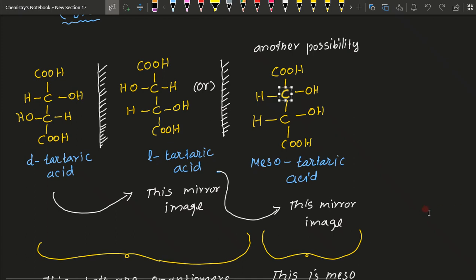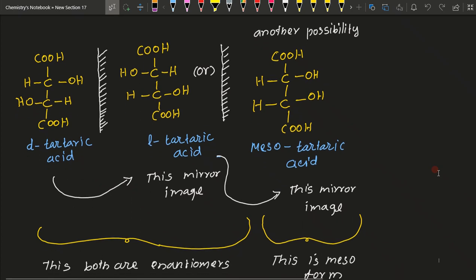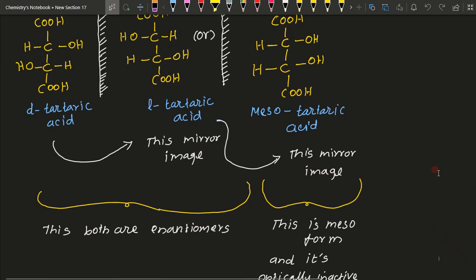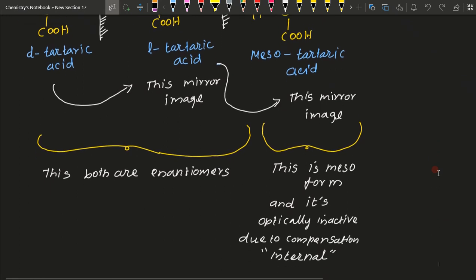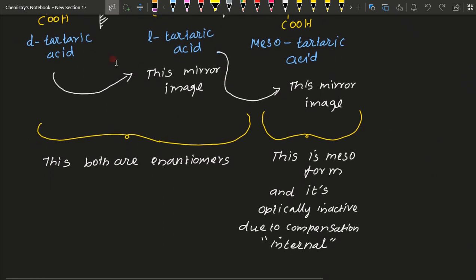If you don't understand, please pause the video and see. So these two are enantiomers.